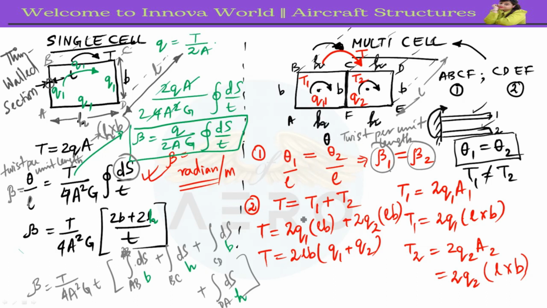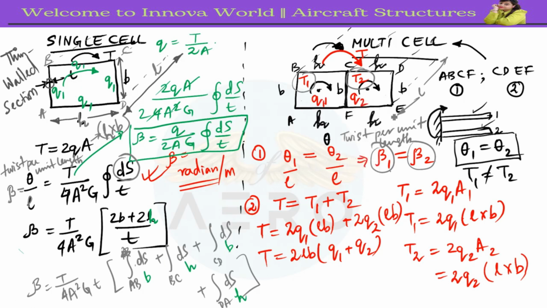The next condition is what happens with the torque. When there is a torque and there are cells, the torque will be distributed. That means for cell 1 let's consider it T1, and for cell 2 it will be T2. Since the torque is different on both cells in the multi-cell condition, the shear flow for both cells is going to be different.